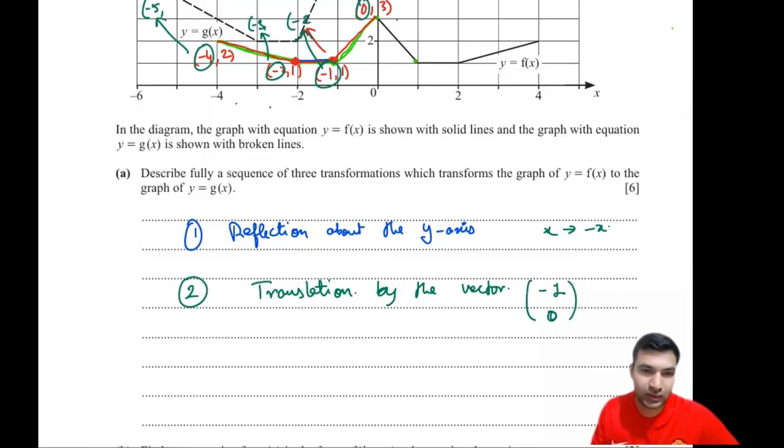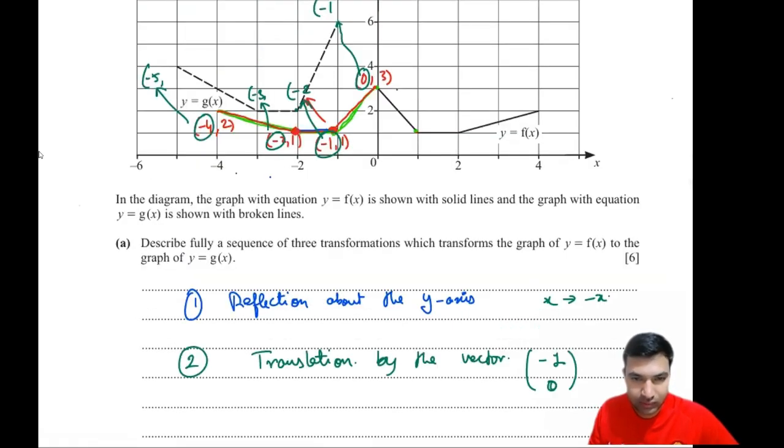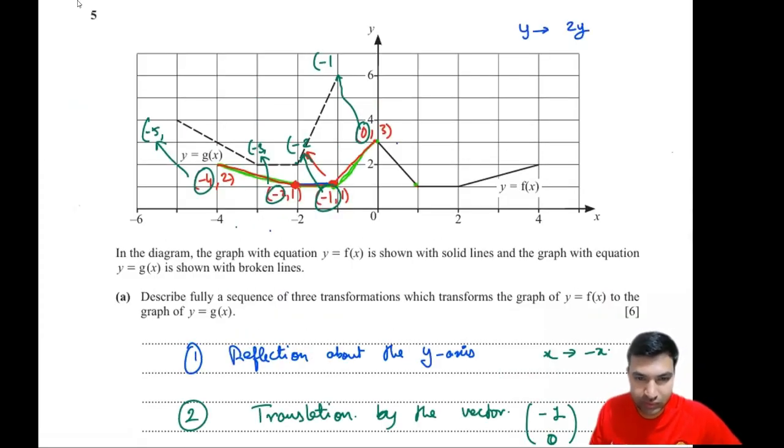It is moving towards the left by 1 unit, so I'll put a minus sign over here. Is that clear? So reflection, and then a translation by the vector (-1, 0). This is what we have seen. Now let me erase the information which is not required. This is how we get the intuition of the new points.